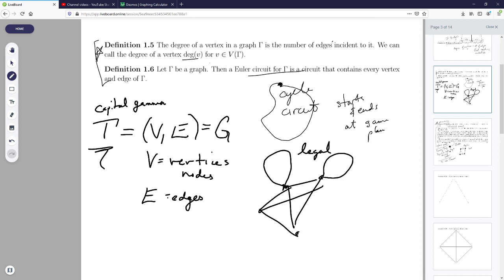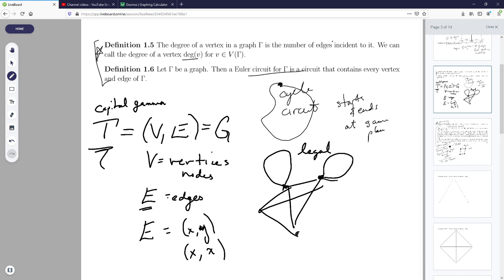If you want to get rid of loops, that is completely a fair thing to say, because the problem with loops is that an edge is usually defined as a pair xy. I guess you could define a pair as xx.